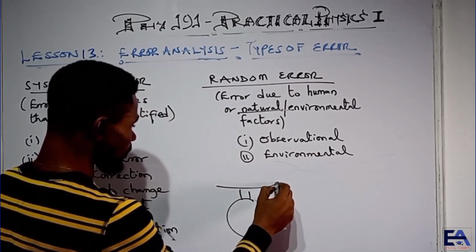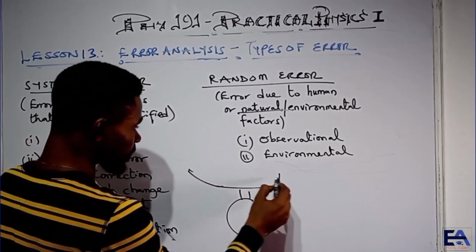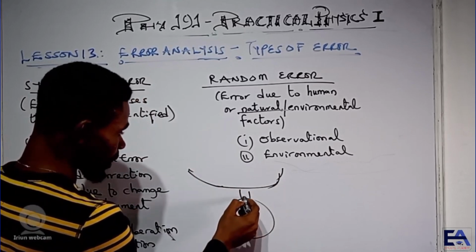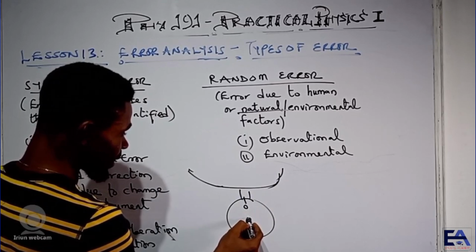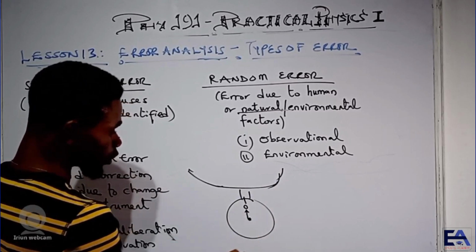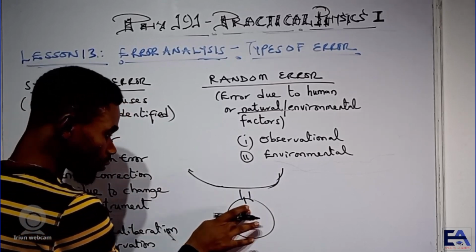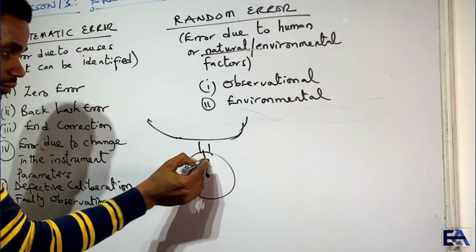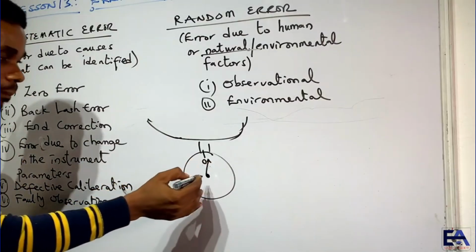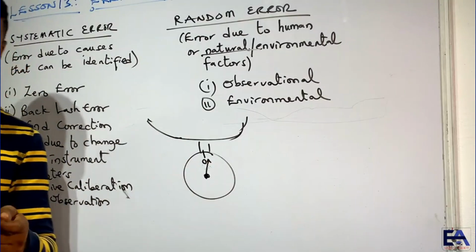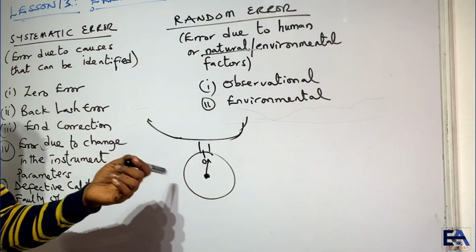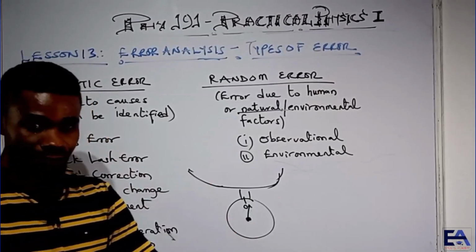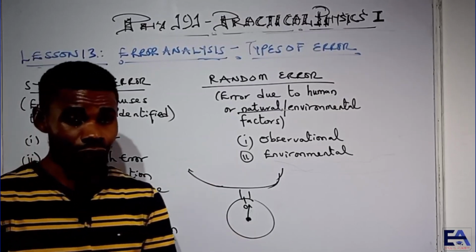You have the tray on top, and let's say this is the zero marking, and the pointer is supposed to be on top of the zero normally, but you have a situation whereby the pointer is like this. It's not balancing with the zero marking the way it should. Any measurement you take with this kind of condition is not going to give you the correct value.